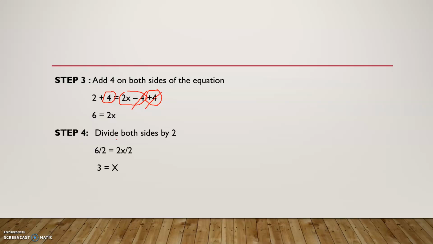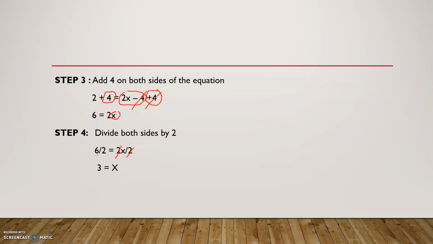So step number 4, divide both sides by 2 to get rid of the 2 because we are only interested in x. So we've got 6 over 2 equals 2x divided by 2. Now we can cancel out these 2s vertically.